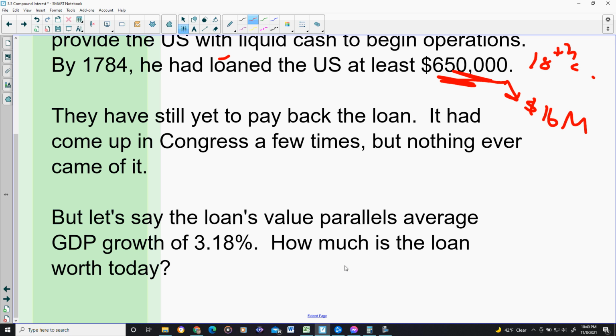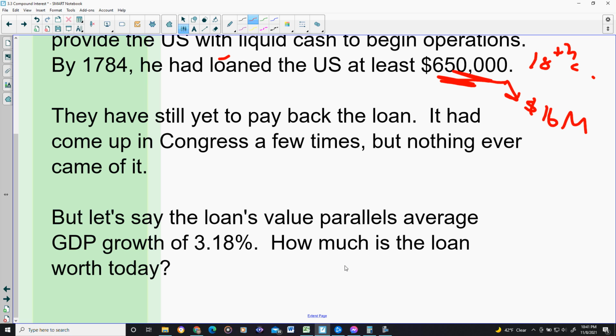GDP stands for gross domestic product, and is a measure of how many goods and services we put out, how much money is in the economy, et cetera. Because the economy is getting bigger, we can assume that inflation is taking over. So this is a measure of economic growth and inflation all rolled into one. Because of this, we're not going to worry about inflation at all.